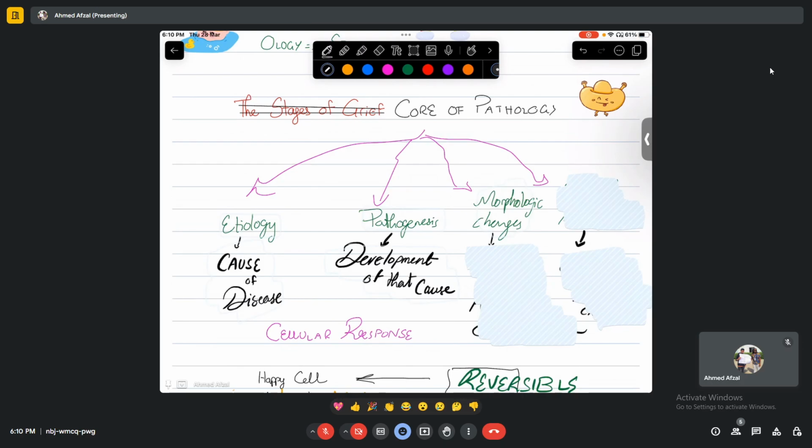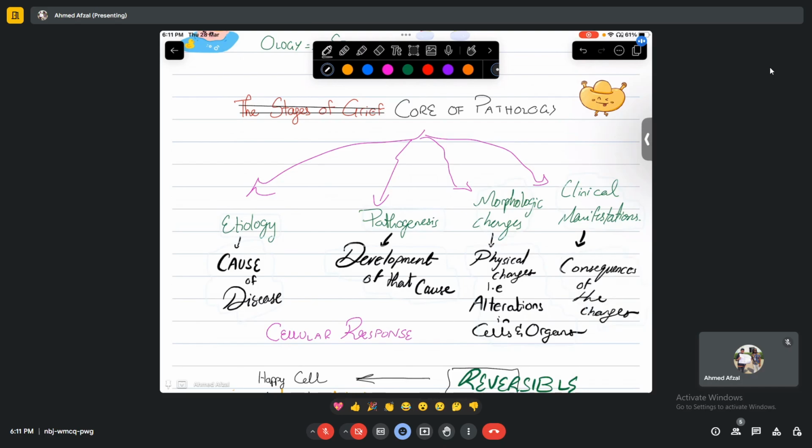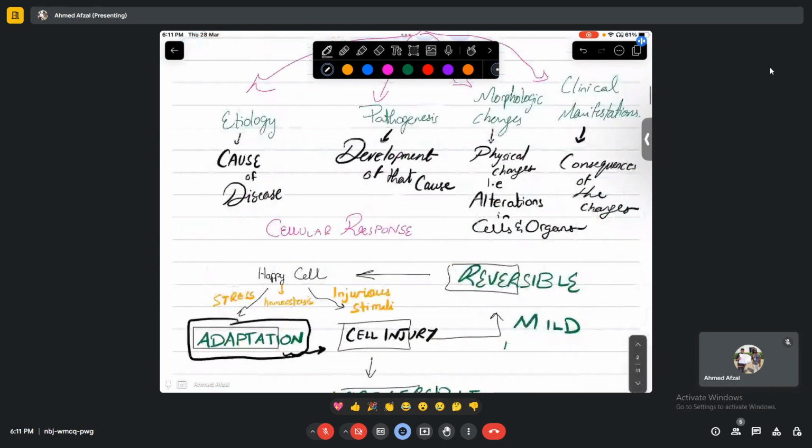The cells, and tissues and organs and whatever is getting affected. Exactly. Awesome. And finally, we have what the doctor sees, which is the clinical manifestations, right? Awesome. So that is the core of pathology.